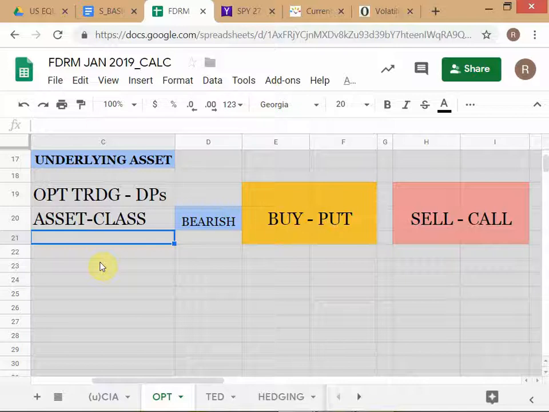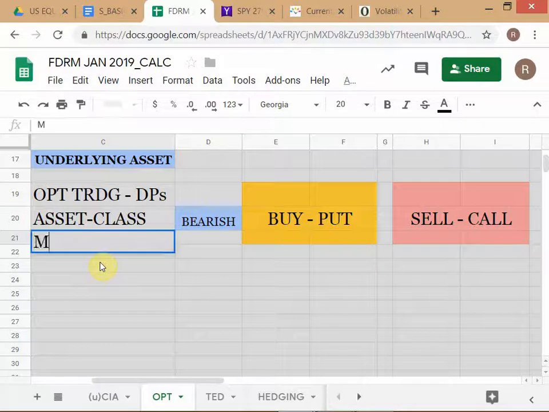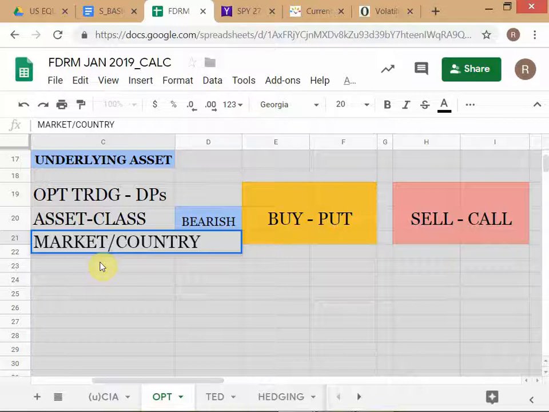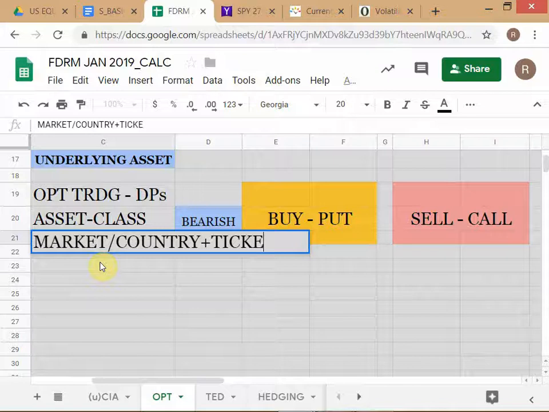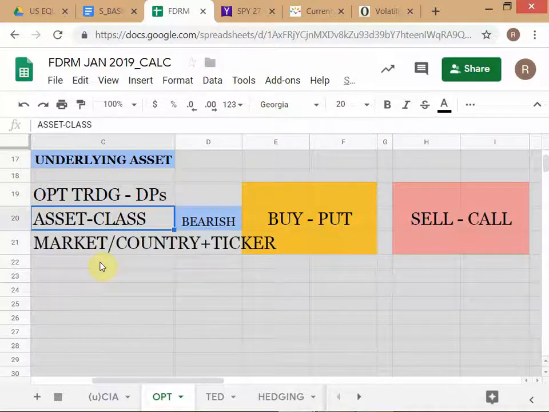If I've decided to go into equities, the next one is market, and market you can think of in two steps, which is country and ticker. We are assuming that the asset class decision we have decided to choose equities. There are many asset classes, as you know, but we've chosen equities.